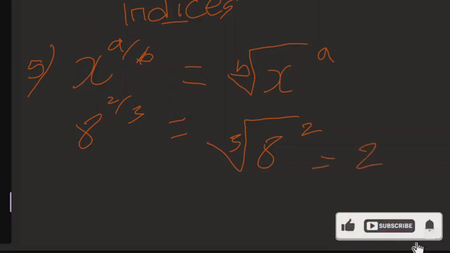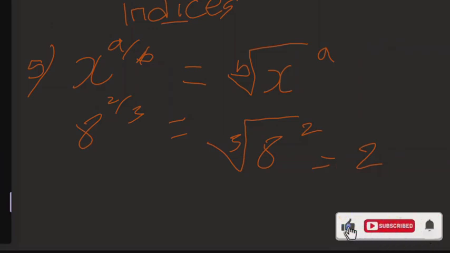How do we get 2? Third root means a number that we multiply 3 times, the same number, and it gives us 8. Just like square root is a number we multiply 2 times that gives us that particular number. For example, the square root of 4 is 2 because 2 times 2 is 4. But 8, 2 times 2 times 2 is 8. That's why 2 is the cube root of 8.